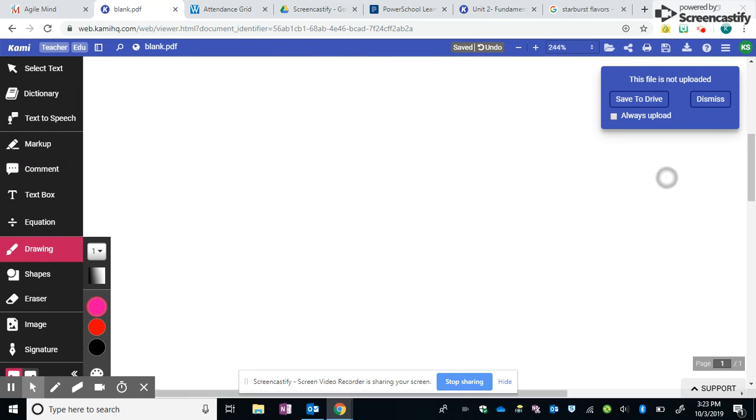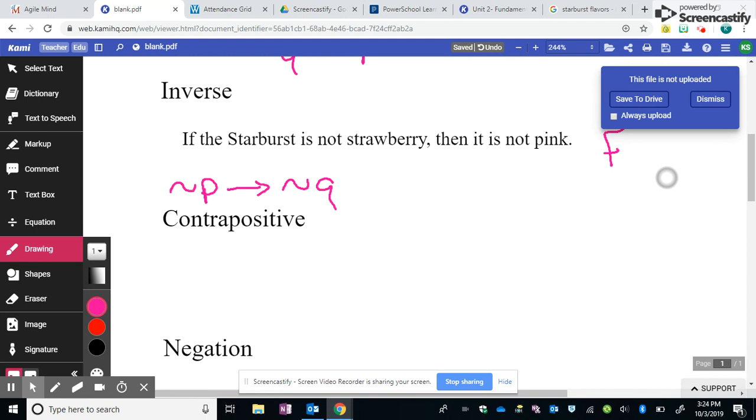The next kind of conditional statement is a contrapositive. Contrapositive is very similar to inverse, except you're going to flip your Q and your P. So it's going to say not Q to not P. You're going to put not on both sides, but switch the order.